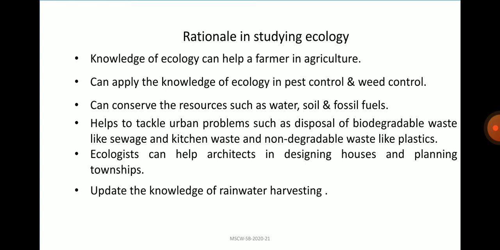The study of ecology can be used to update the knowledge of rainwater harvesting because it's a new concept in conservation of water. The houses and larger establishments can be equipped with measures to harvest rainwater for domestic use. So, the students of ecology will be the best persons to educate the people about the methods and merits of rainwater harvesting. This also can be used for managing floods and drought situations.